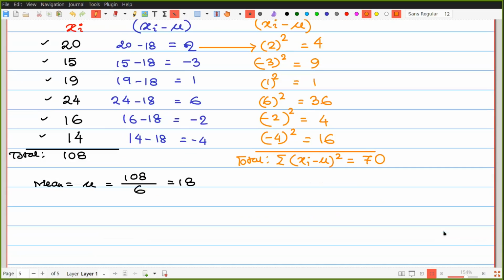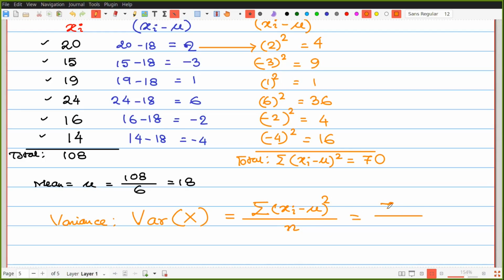So at that moment, what is the variance? Variance can be treated as variance of x, which is equal to the summation of xi minus mu its whole square divided by n.